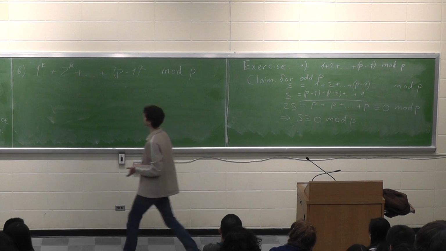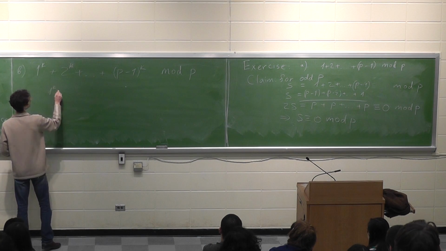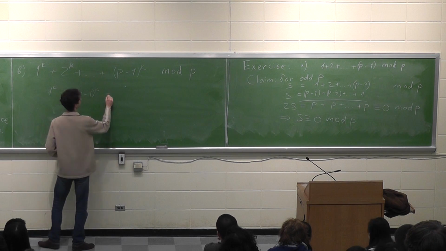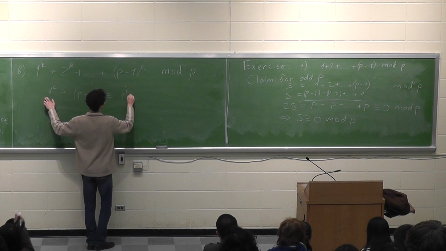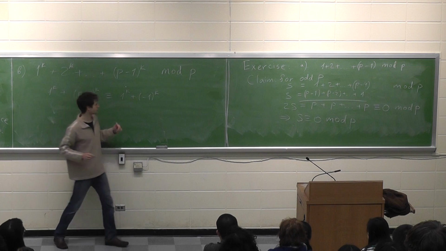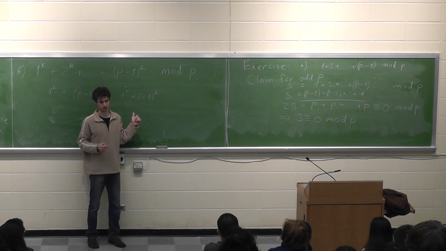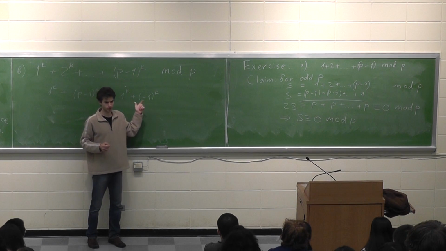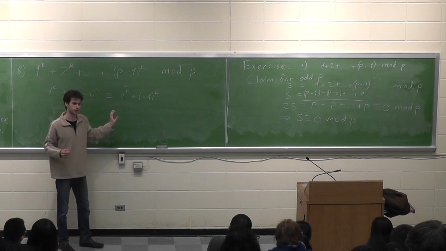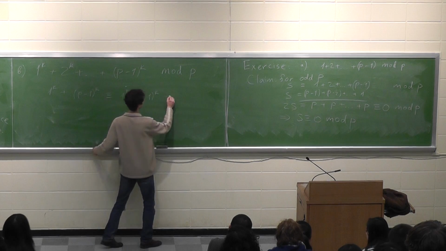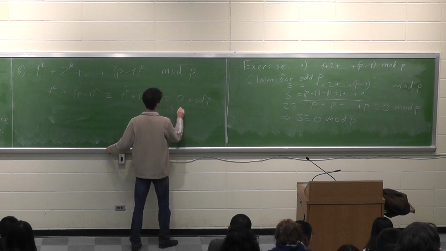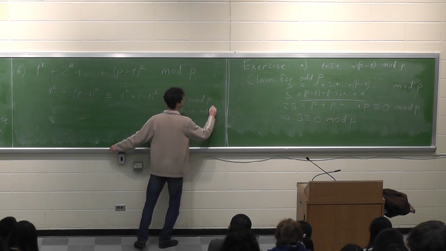If you try 1 to the power k plus p minus 1 to the power k, modulo p this is the same thing as 1 to the power k plus minus 1 to the power k. When k is odd, this is 0. When k is even, this is 2. So for k equal to 2, this already doesn't work. For k odd, it does work. So this is equal to 0 modulo p if k is odd.